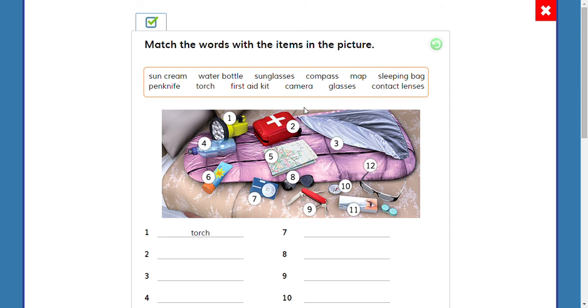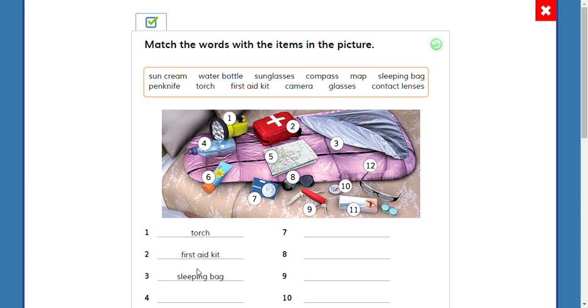Yes, it is called what is that? First aid kit. Okay, first aid kit. Number 3. Oh, that's very easy, teacher. Sleeping bag. Number 3. What about number 4?